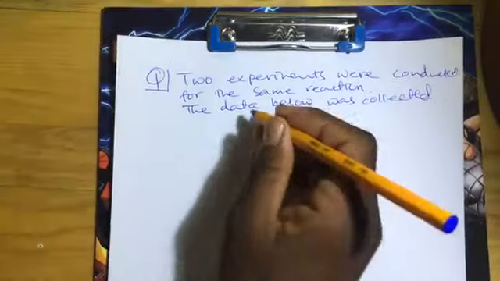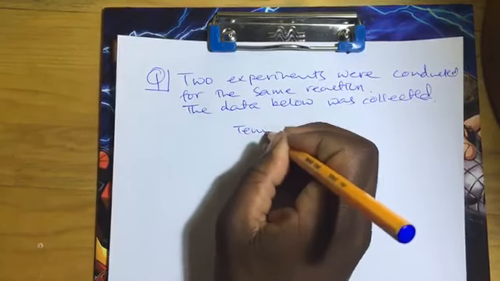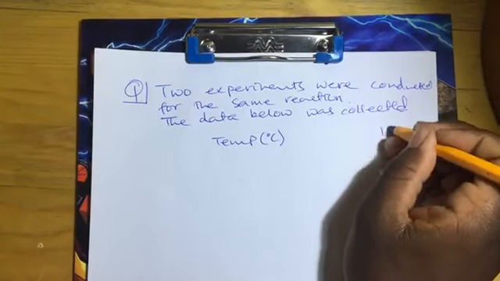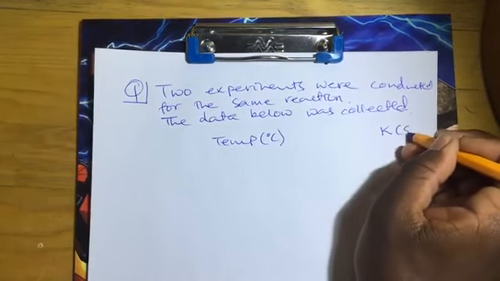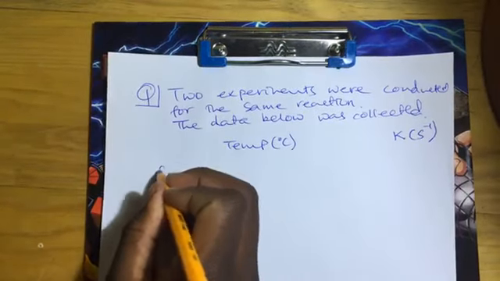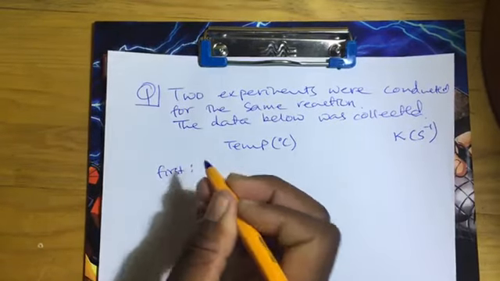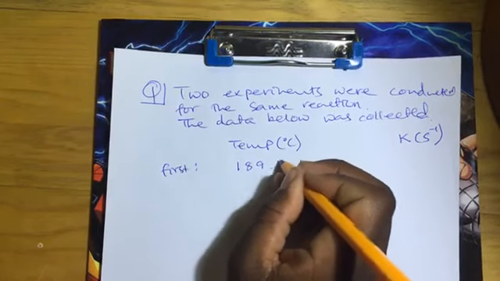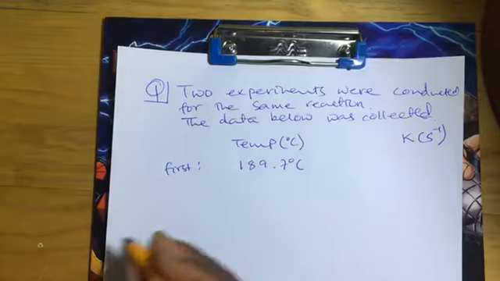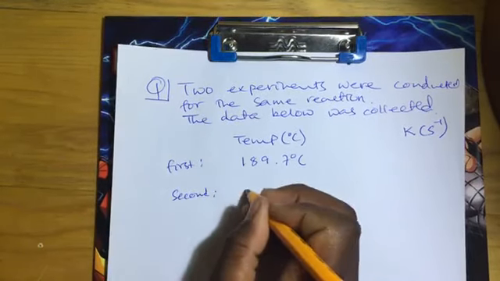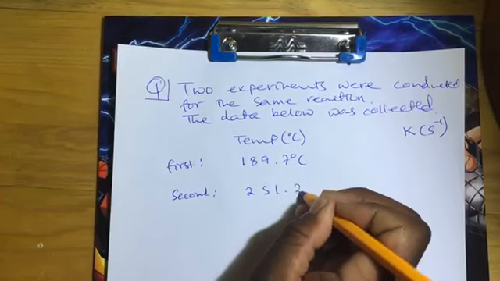Okay, so this is temperature in degrees Celsius, and then this is the constant, and units are going to be s to the power -1. So temperature for the first one, they found the temperature to be 189.7 degrees Celsius. For the second one, they found the temperature to be 251.2 degrees Celsius.